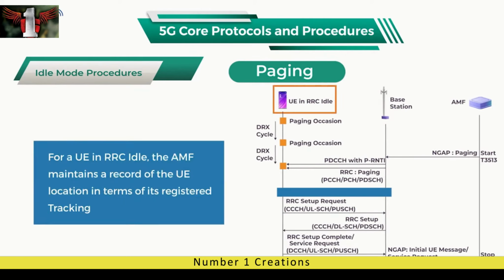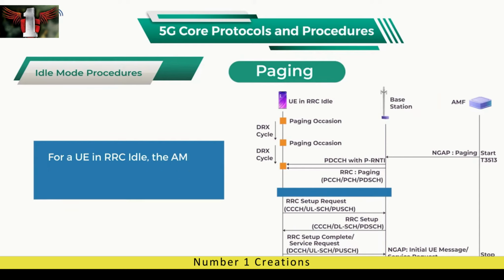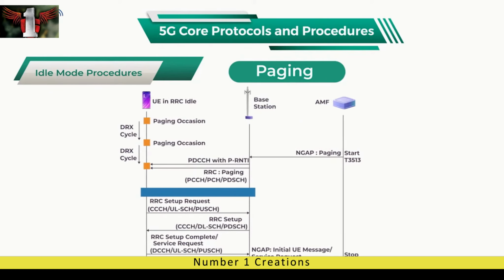For a UE in RRC idle, the AMF maintains a record of the UE location in terms of its registered tracking areas. The UE triggers a NAS registration procedure with cause value mobility registration updating if it moves outside the registered tracking areas. The UE does not update the network while moving within the registered tracking areas.